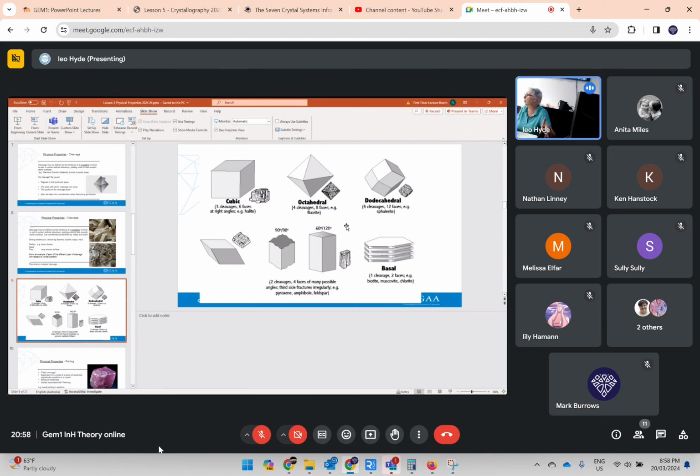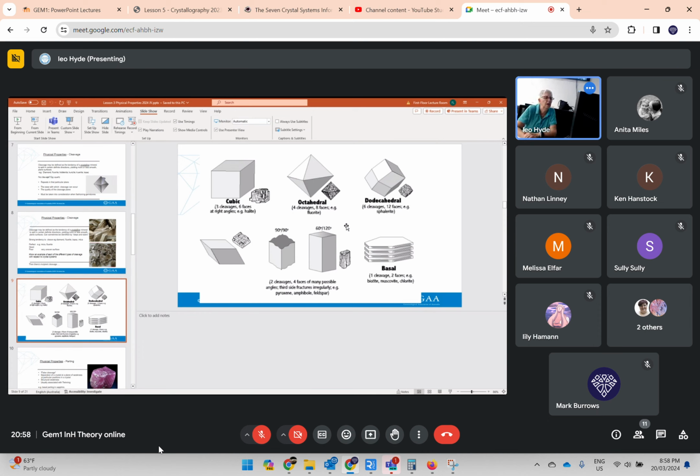None of the gemstones you need to know about will have dodecahedral cleavage, because that's six directions on the 12 faces. Sphalerite you won't ever see. It's a collector's gem, especially if it's faceted. But if you know some of these different ways of cleaving, and an example of a gemstone for each, that's what you need to know.